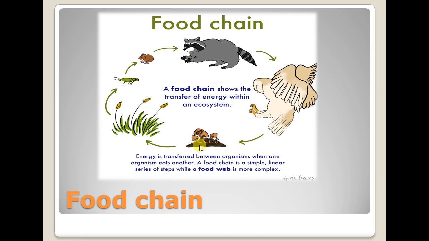They absorb the nutrients, and from there, through the soil, again the nutrients are transferred to the grass. So the food chain shows the transfer of energy within an ecosystem. Energy is transferred between organisms when one organism eats another. A food chain is a simple linear series of steps, while a food web is more complex.